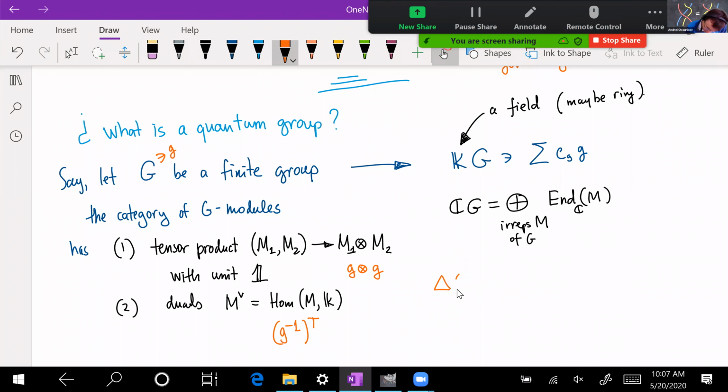So let's take delta of G. This is a homomorphism of algebras. So the group algebra goes to its tensor square.